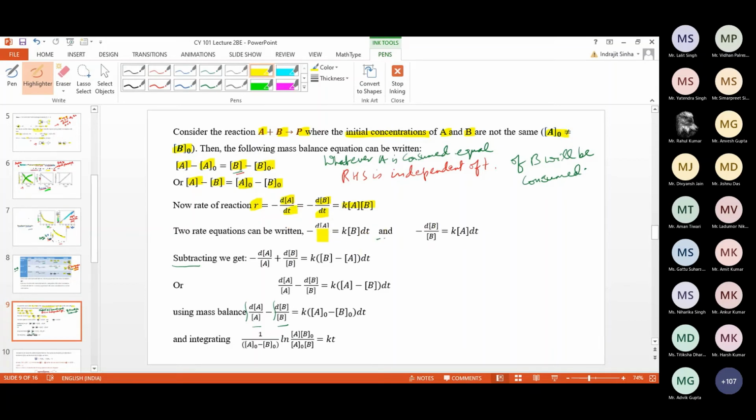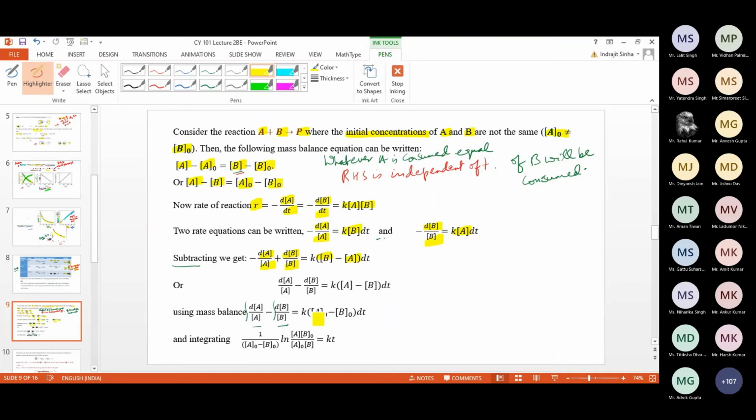You can write down the two rate equations separately, and in the second step, you can write it down like this. So you can do it like this, and then you can subtract the two in the third step.